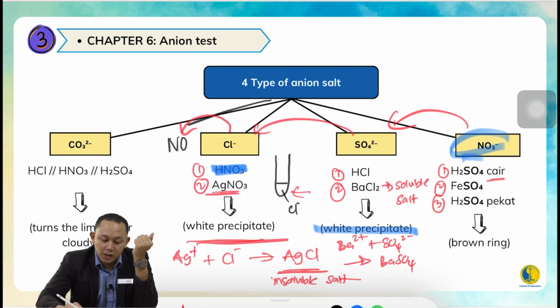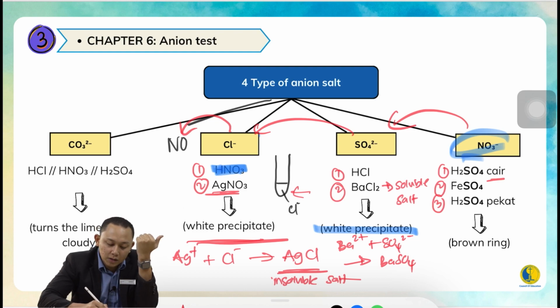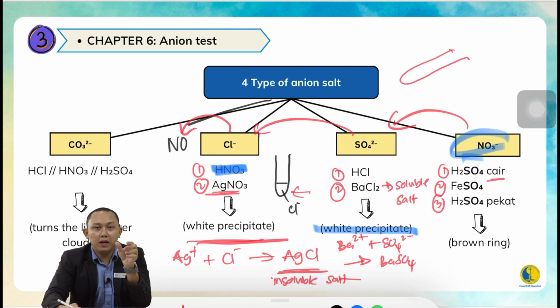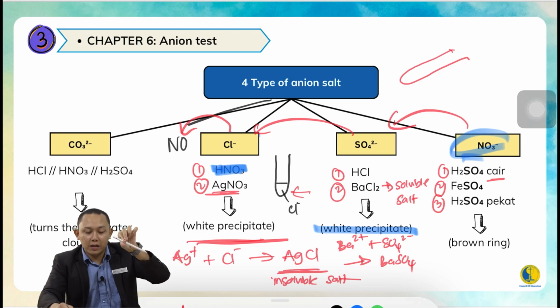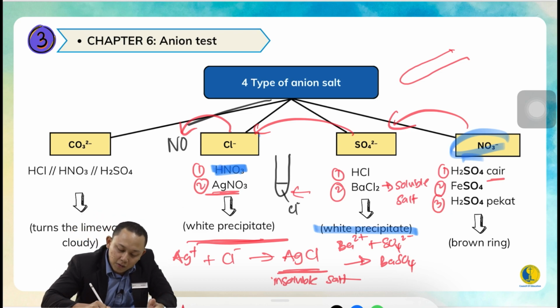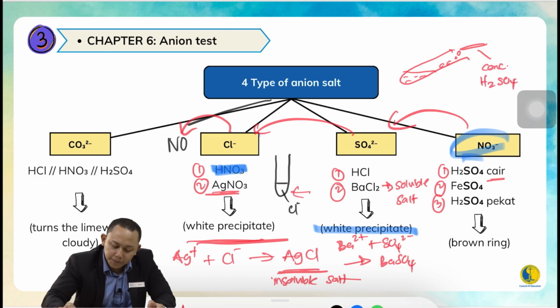Once you have added the iron(II) sulfate, you need to tilt your test tube like this, because later you will drop, using a dropper, the concentrated H2SO4 onto the wall of your test tube that contains your sample.